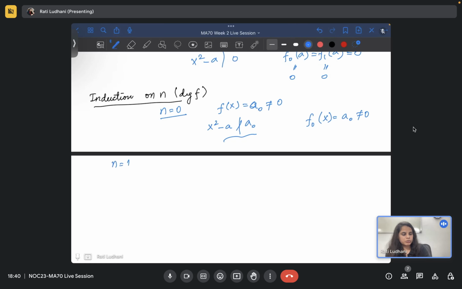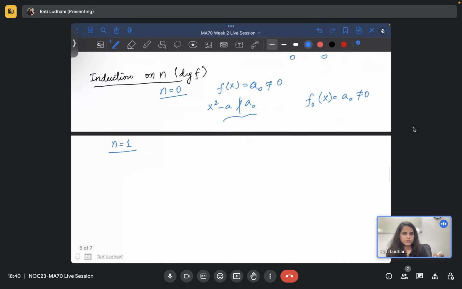Okay, let's see n equals 1. I'll go at least till n equals 2 to explain it. So n equal to 1 means a0 + a1x, and a1 is non-zero, right? Degree is 1. Then x² - a will not divide f(x), because f(x) is a non-zero polynomial of degree 1, so this cannot divide, right?